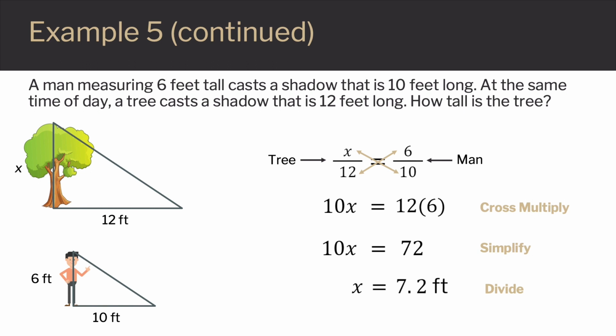By cross-multiplying, we now have 10x equals 6 times 12. Performing multiplication, we have 10x equals 72. Dividing both sides by 10 gives us x equals 7.2 feet. The height of the tree is 7.2 feet.